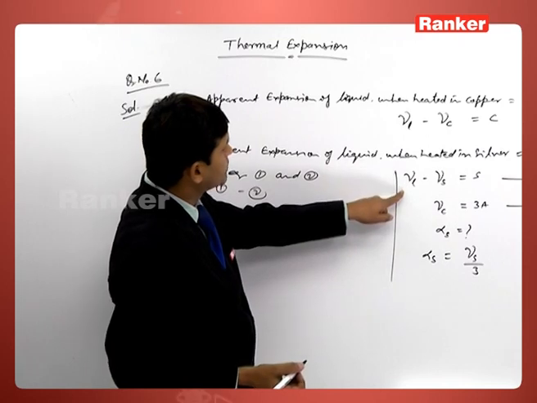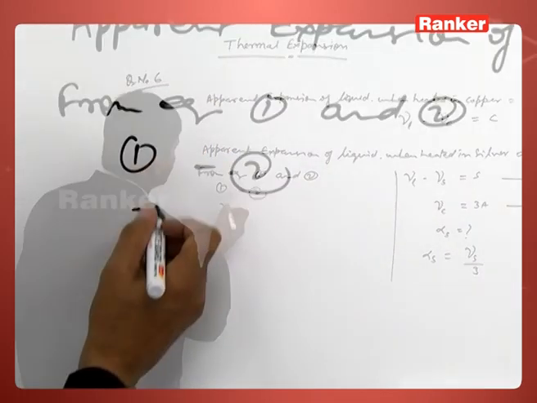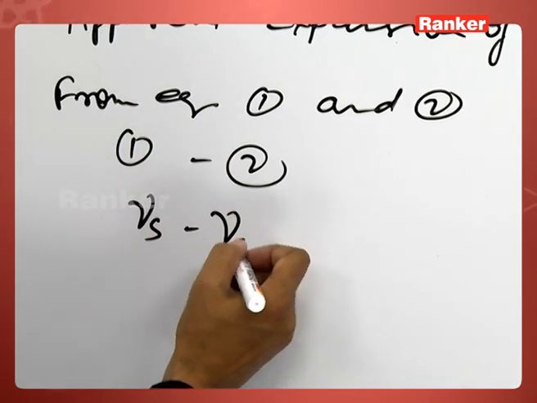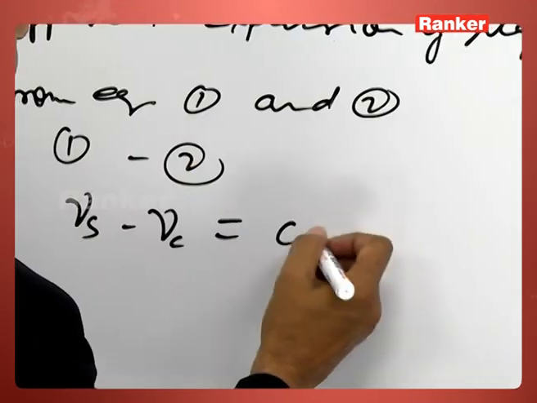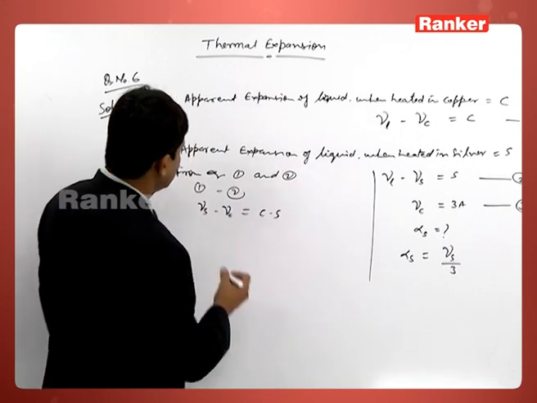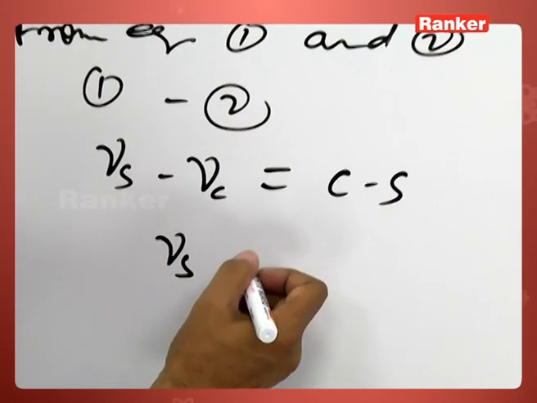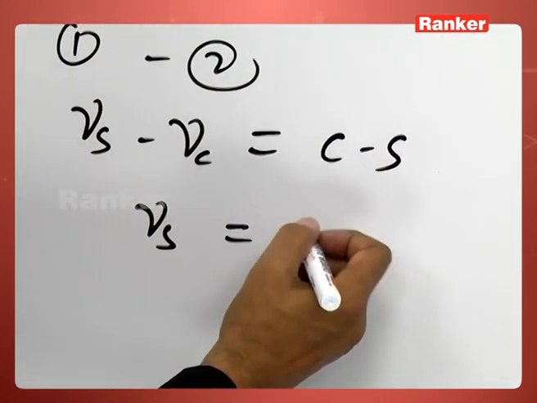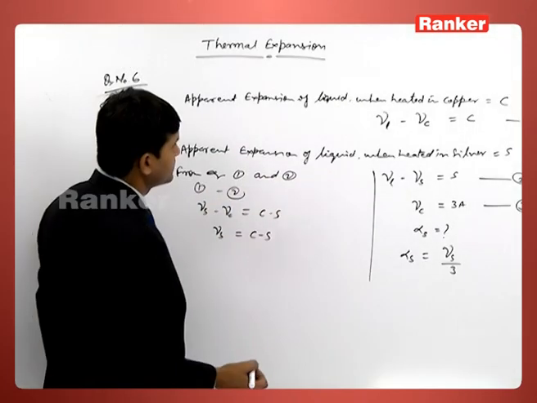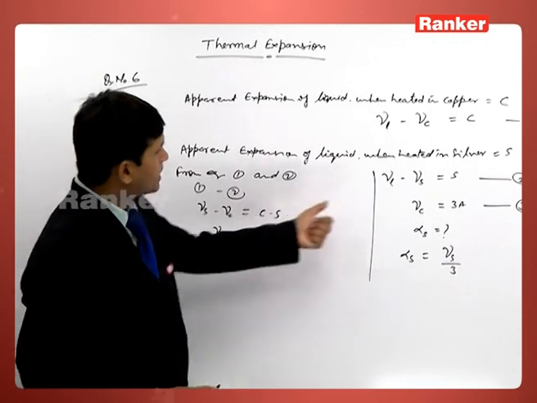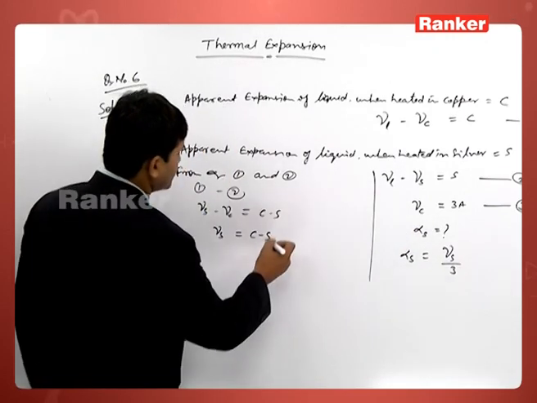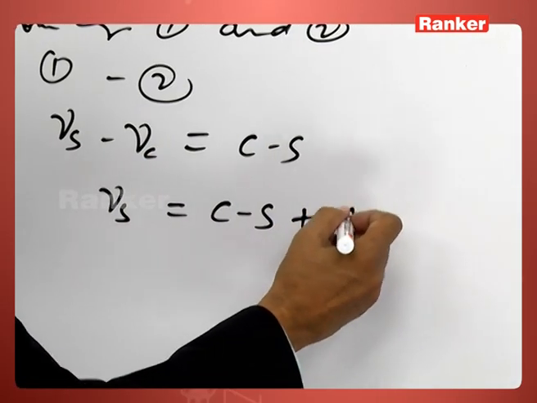So gamma silver minus gamma copper is equal to C minus S. Now gamma silver is equal to C minus S plus gamma copper, and gamma copper is 3A.